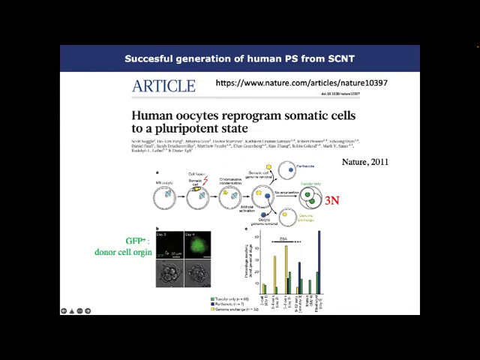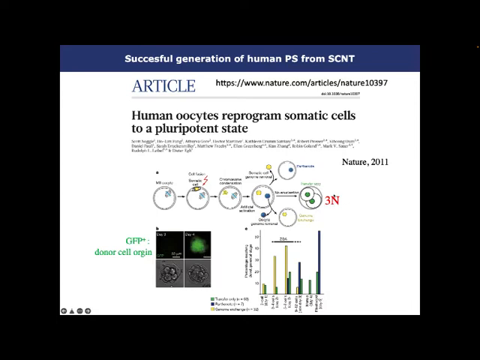So this is the image of the 3N transfer-only embryo, and this GFP is expressed in the donor cell origin, and as you see here, at this 12 cell stage or morula, all of the cells inside the embryo express the donor cell marker, suggesting these embryos fully originate from the donor cell.